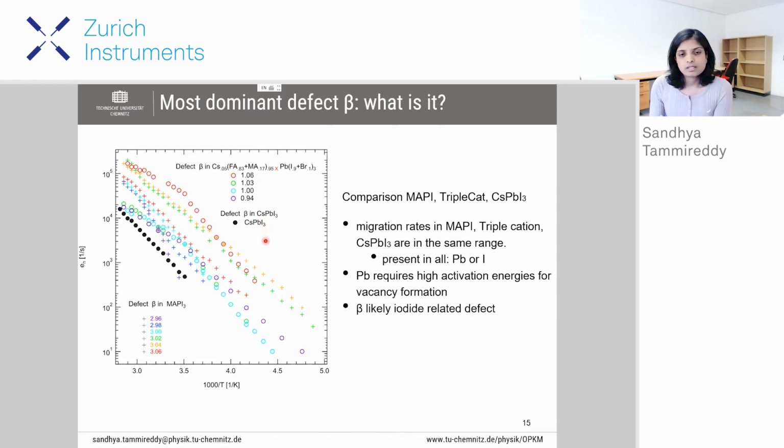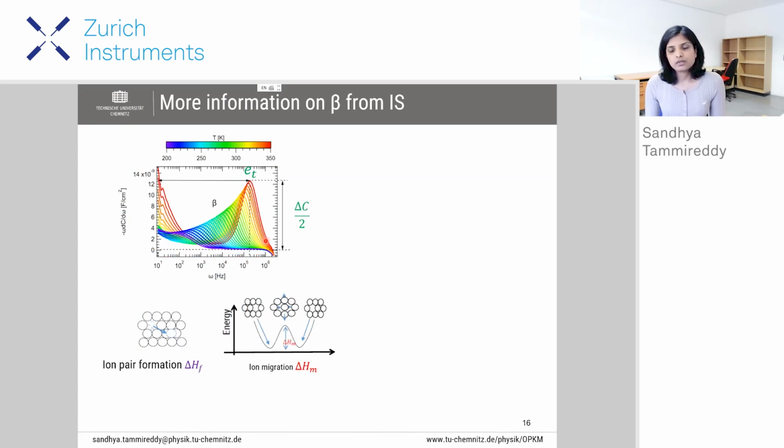So since we know that it's an ionic defect and what we are observing is iodide, we try to understand this defect better by looking at the thermodynamic quantities. If you think about a crystal, we have different atoms, and each atom is at its designated position. And each one of them is connected to its neighbors through bonds.